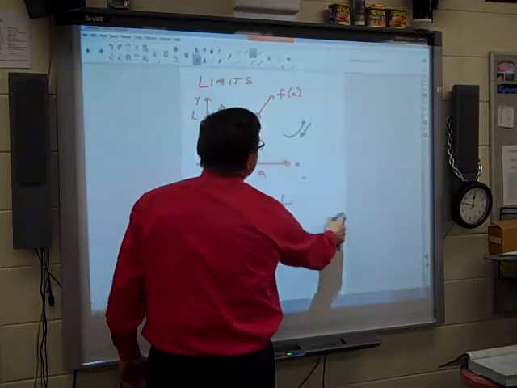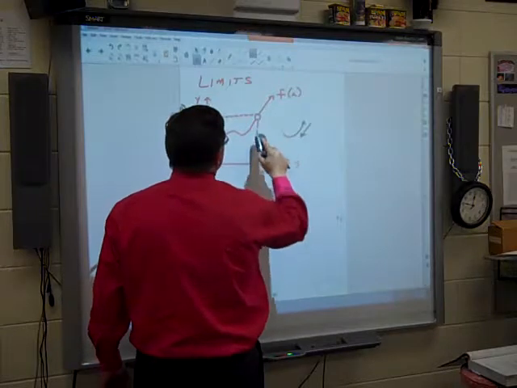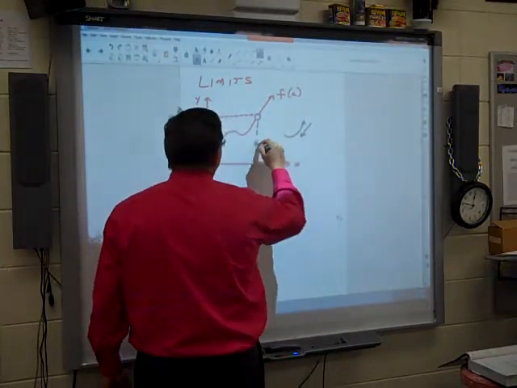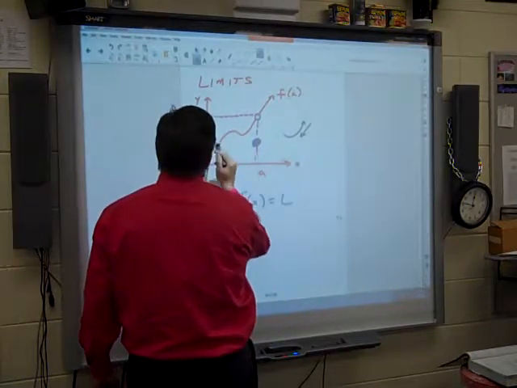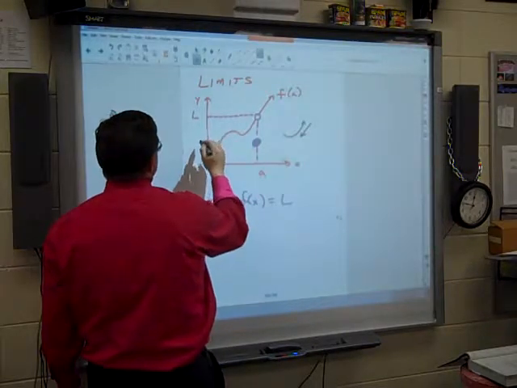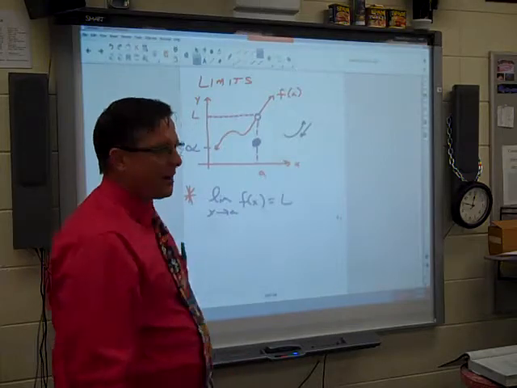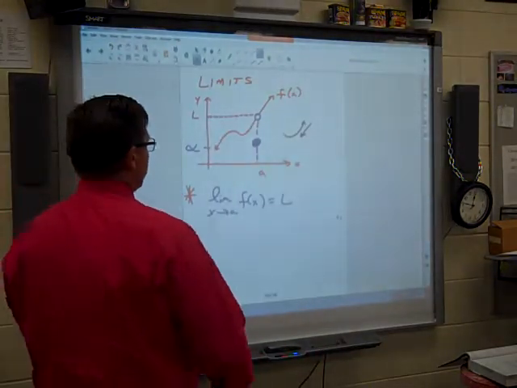Now I'm going to make this into a piecewise function, all right? We're going to do this. Make it alpha. All right, so my question then becomes the same.